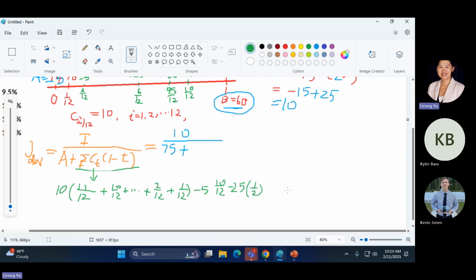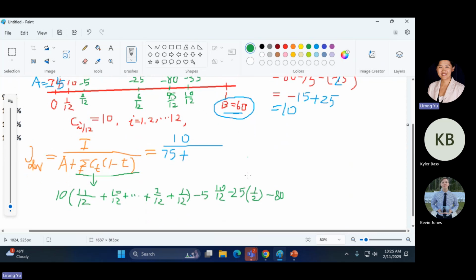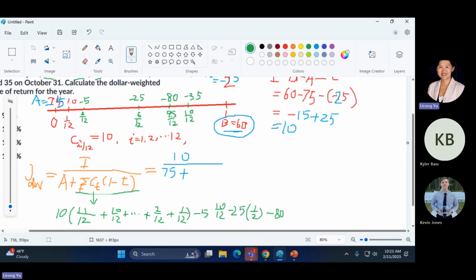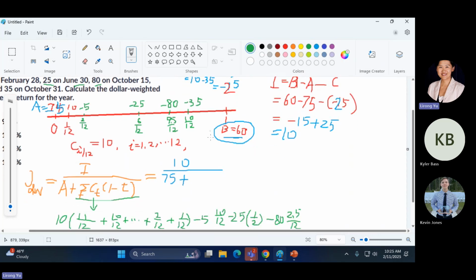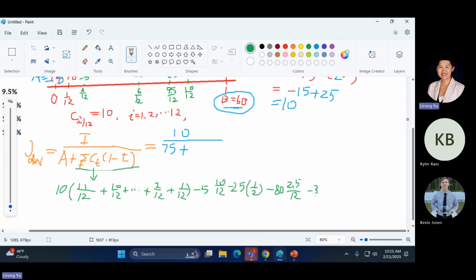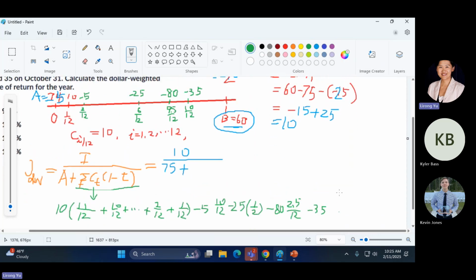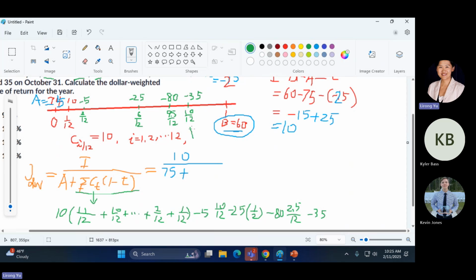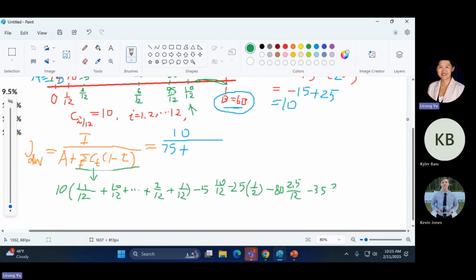And then the deposit of negative 80 happened in the middle of December, so 1 minus 7.5 over 12 will be 2.5 over 12. And then we have negative 35 times, it happened at 10 over 12, so we subtract that. The time frame for this negative 35 is 2 over 12.